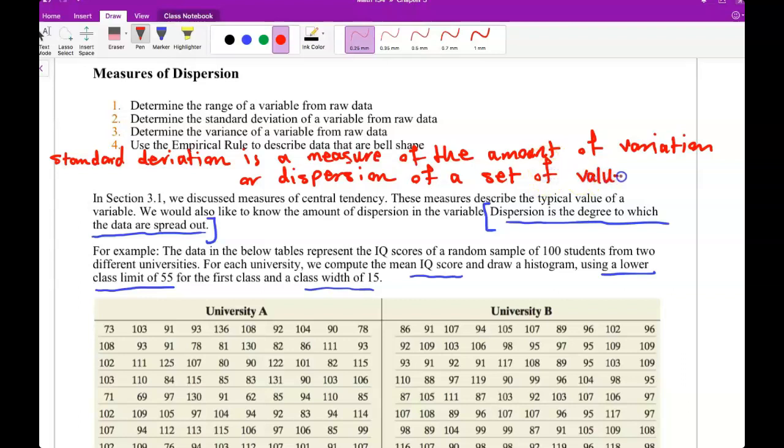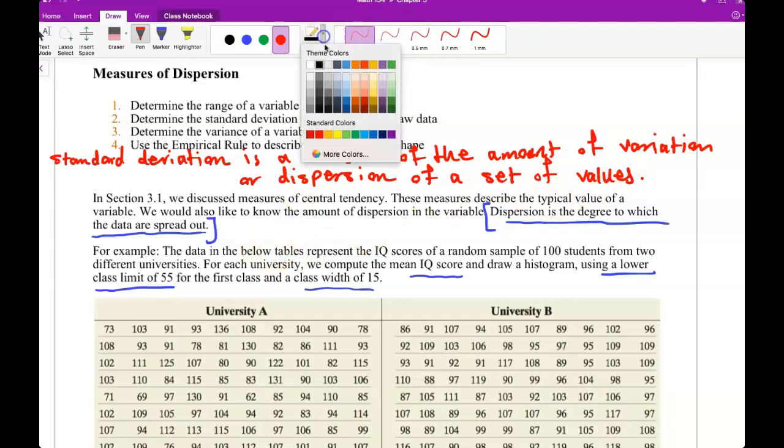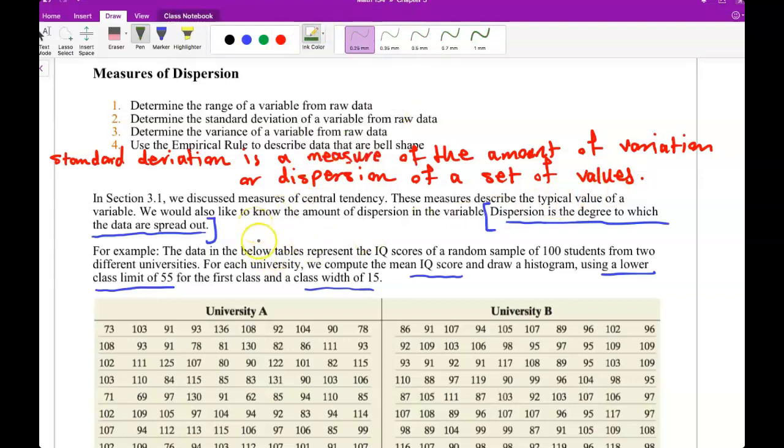Have a set of values. Or we can say standard deviation, I'm going to use SD, this is for standard deviation, that is the measure of how spread out the numbers are in a sample.